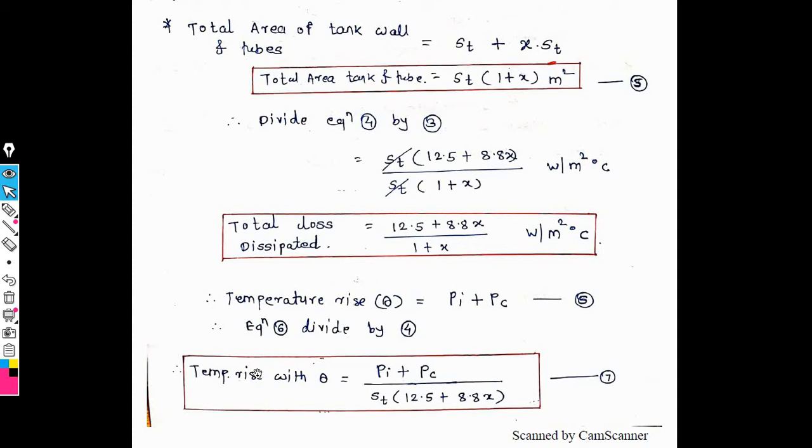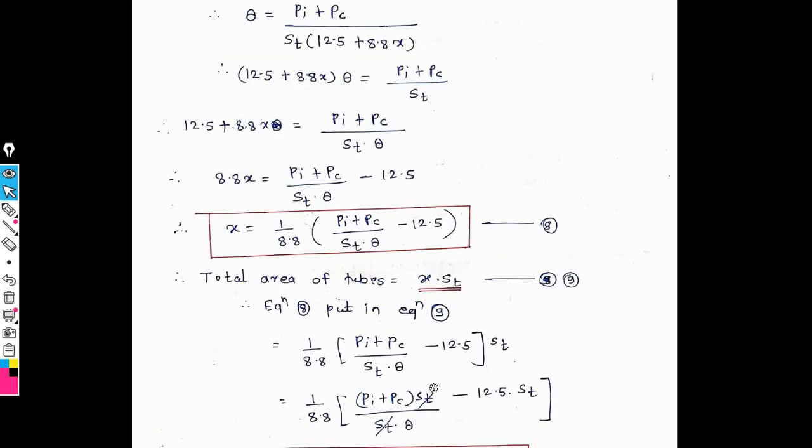This is the temperature rise theta with respect to iron and copper. Then theta is equal to Pi plus Pc upon ST into bracket 12.5 plus 8.8x. Shifting this term to the left-hand side, 12.5 plus 8.8x into theta is equal to Pi plus Pc upon ST. Then 12.5 plus 8.8x is equal to Pi plus Pc upon ST into theta.